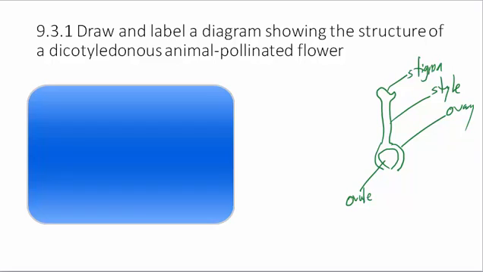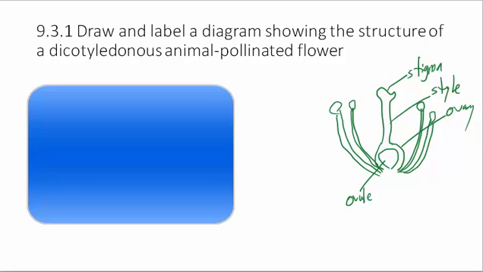And then surrounding it are the male parts of the plant. And I'll draw 4 of those. And that is called the stamen.